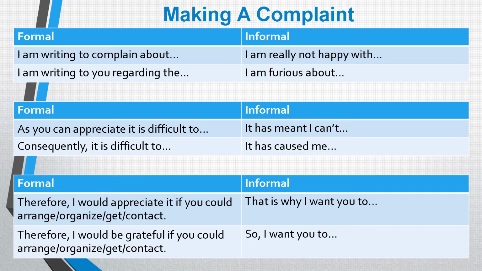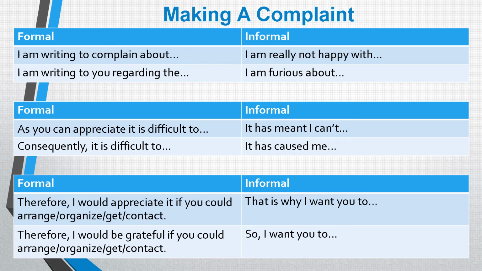Here we have language you can use for making a complaint. So you might start your complaint like this. I'm writing to complain about. I'm writing to you regarding the. And the informal version is I'm really not happy with. I am furious about.